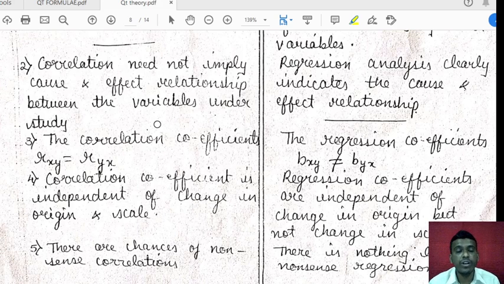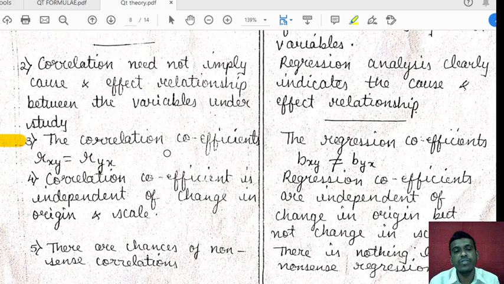The third point says that the correlation coefficients rxy and ryx, just like what I told you earlier, are not two different things. That is why both are one and the same. rxy equals ryx. If you are finding the correlation between x and y and the correlation between y and x, this is one and the same.